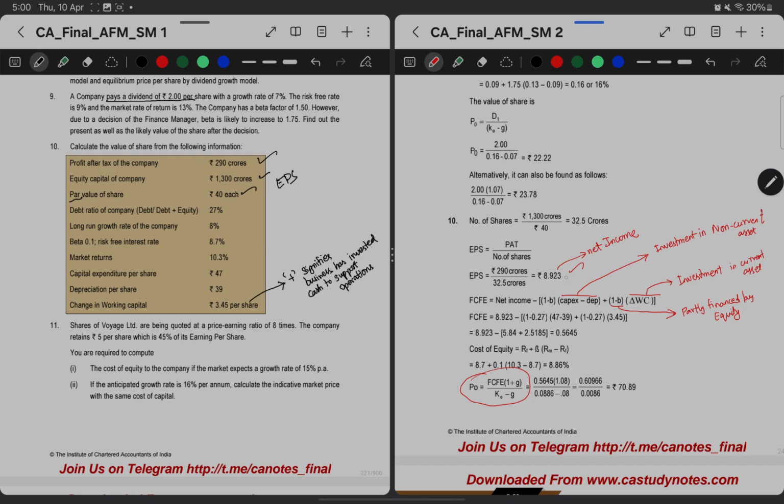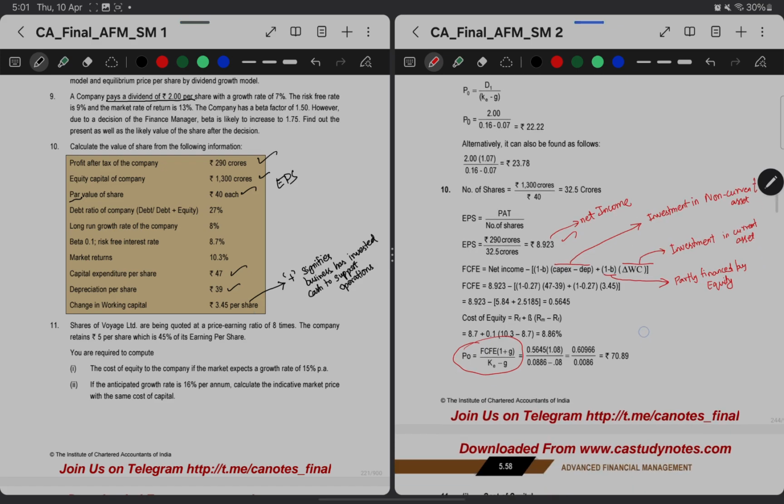But after this, as we can see in the question, there is some capital expenditure involved, and some depreciation charge has been given, which is a non-cash item which we should add back, or we can net off like this also. I'll explain in a while. Then there are some working capital changes also.